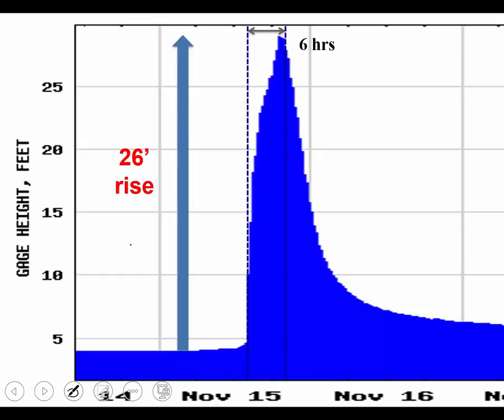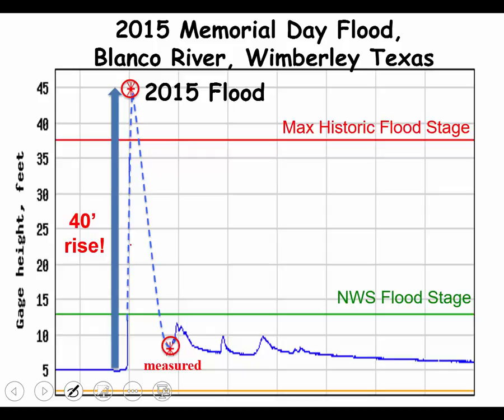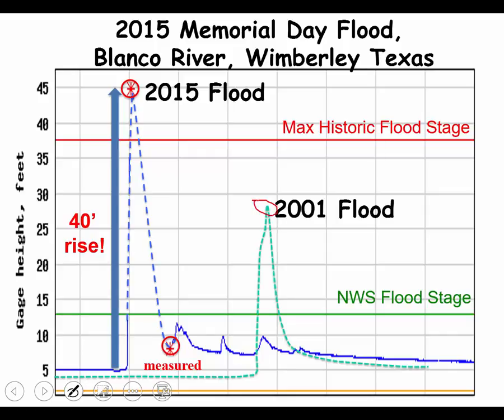Okay. Well, that was an impressive flood until Memorial Day of 2015 when it rose 40 feet. Now, a 40-foot rise in elevation is well above the largest flood they've ever had. Okay. That other flood, it was here.